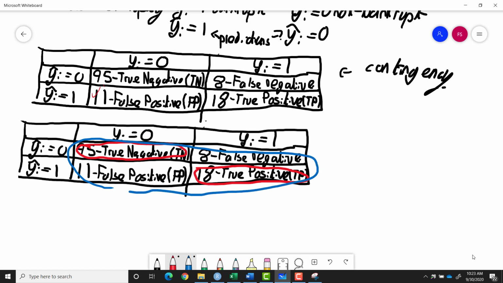out of everything. So we can say that the accuracy equals the true negatives plus the true positives, the diagonals, all over basically everything.